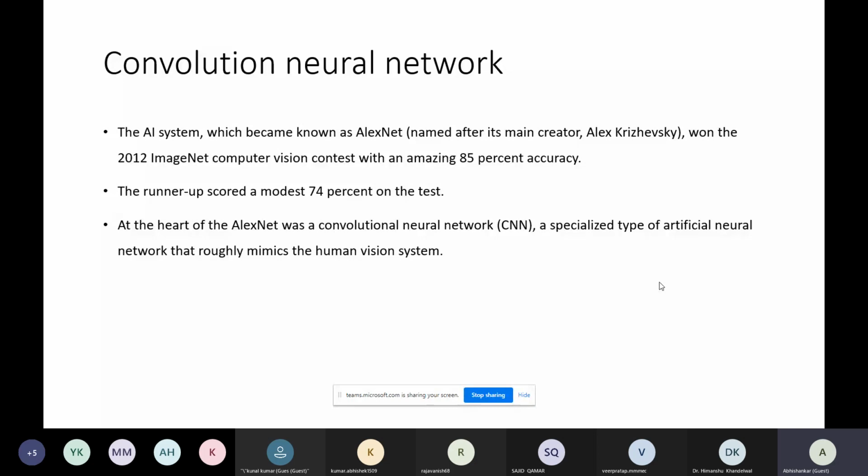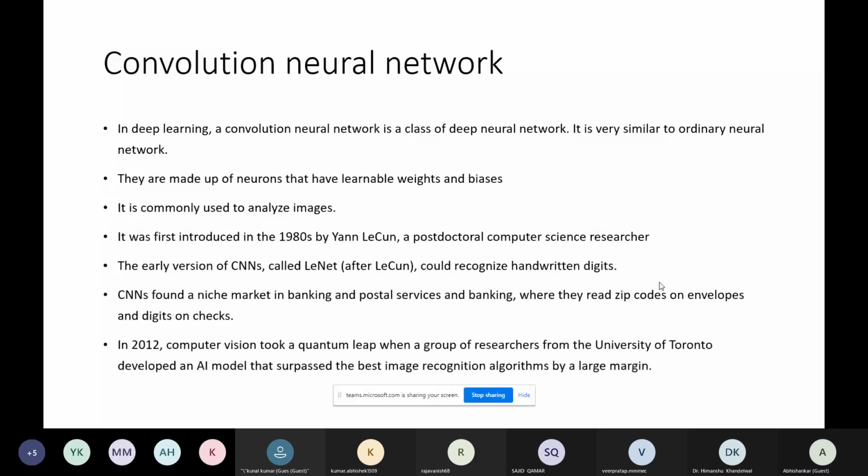So there is an 11% gap. So AlexNet won this competition by a large margin. At the heart of AlexNet was the same convolutional neural network that this guy had developed, LeNet, by LeCun.